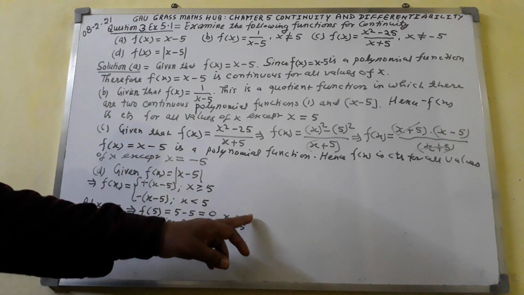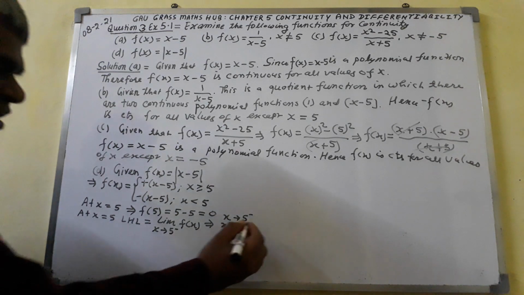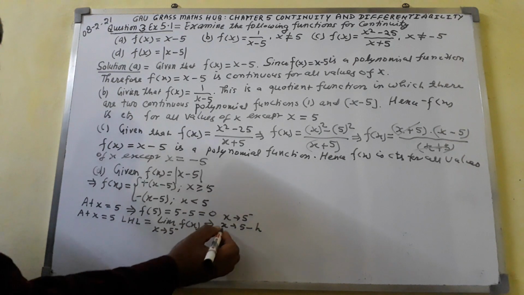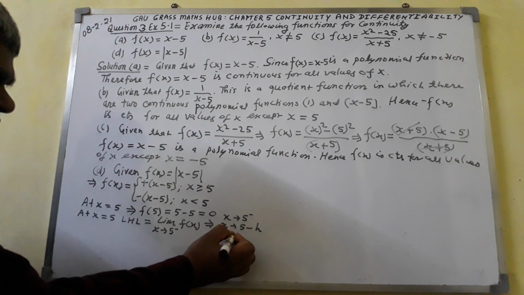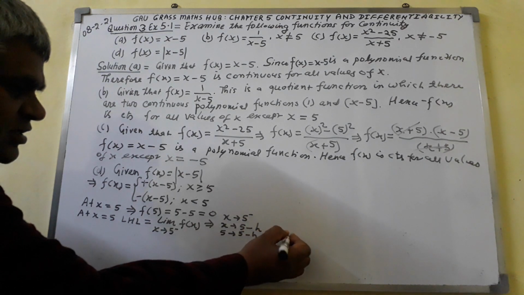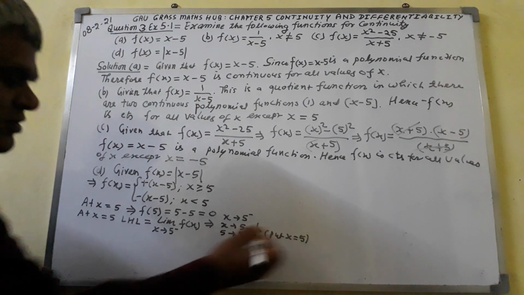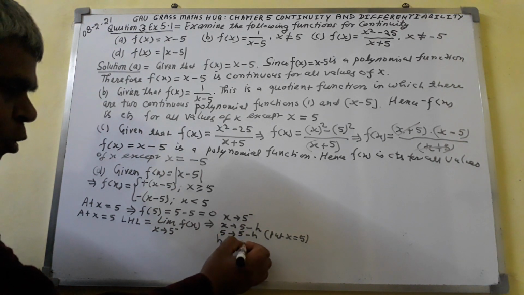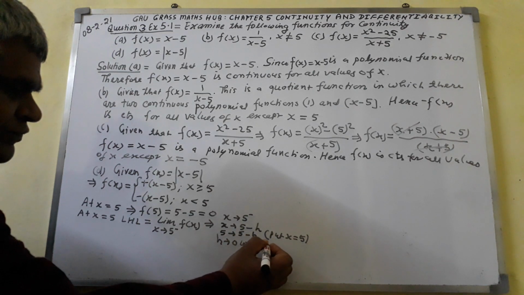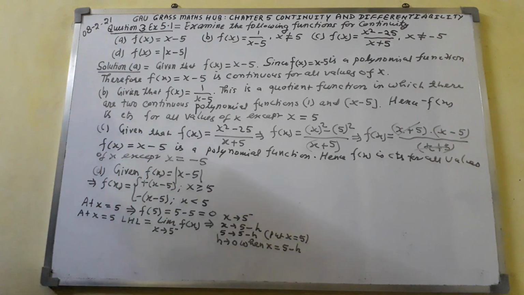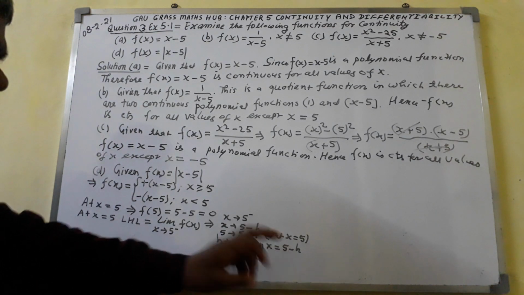This minus will move into the center; here I put h. Now put x equal to 5 minus h, so you will get h tends to 0 when x equal to 5 minus h.